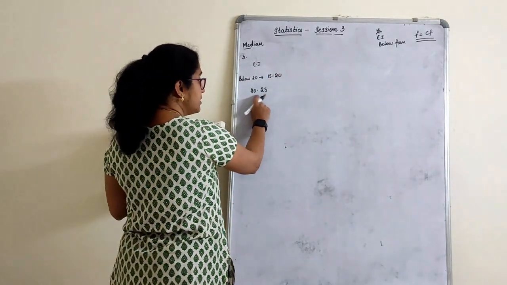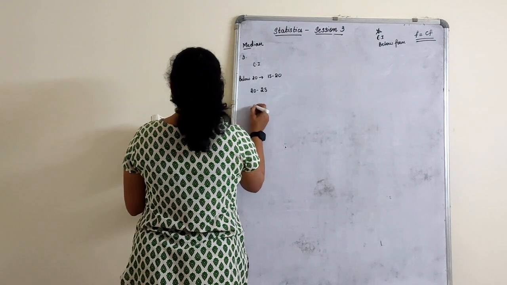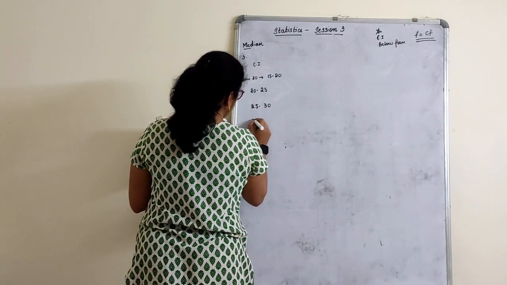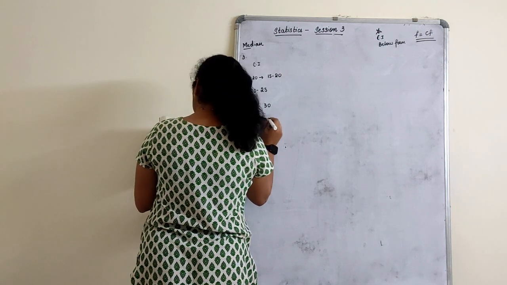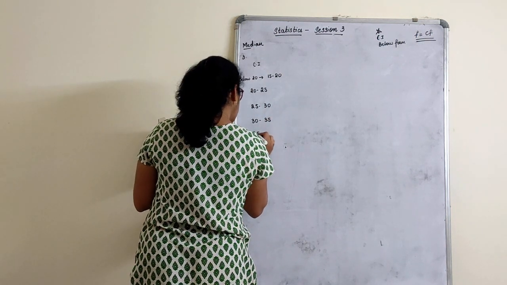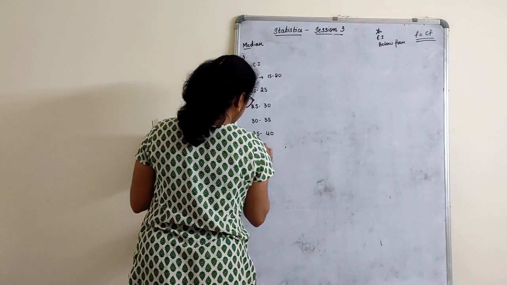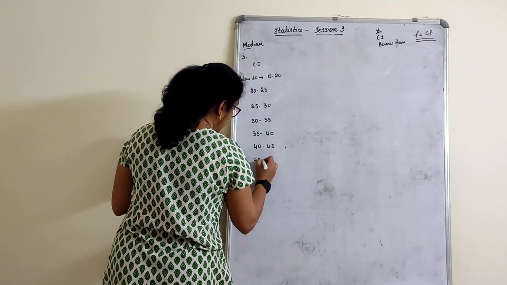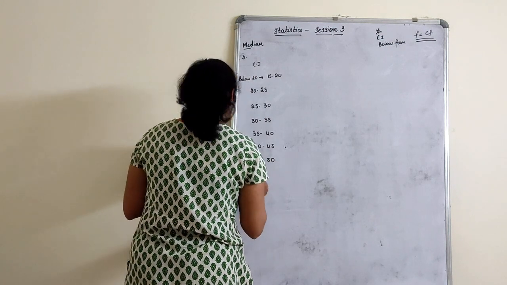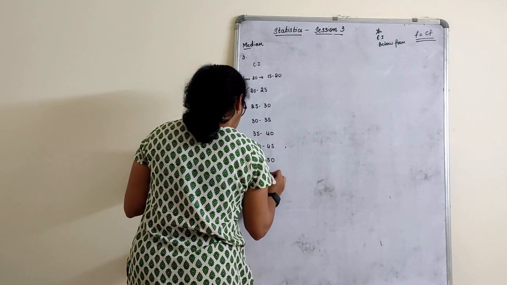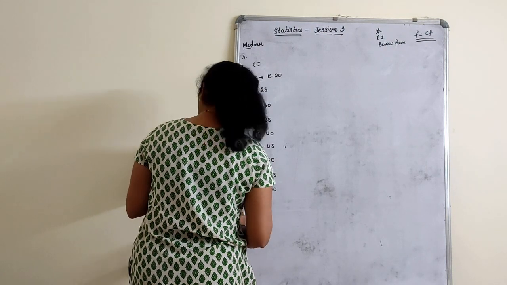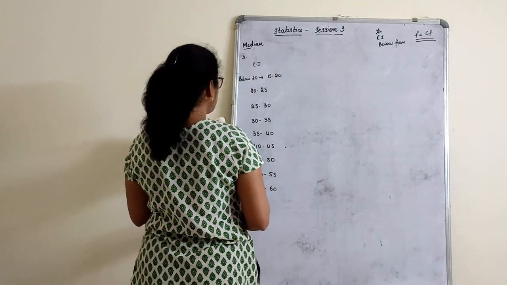Then 20 to 25. The next term would be 25 to 30, 30 to 35, 35 to 40, 40 to 45, 45 to 50, 50 to 55, 55 to 60. Yeah, that's the last one.